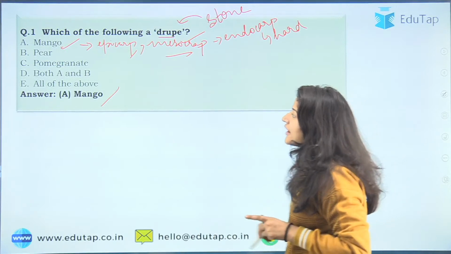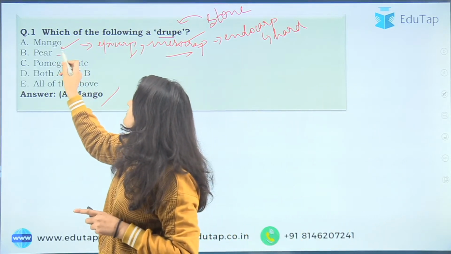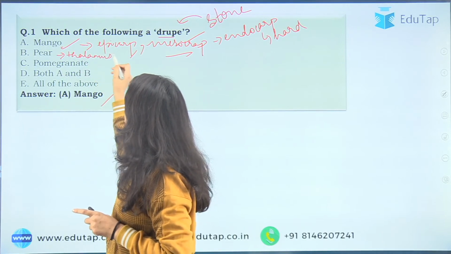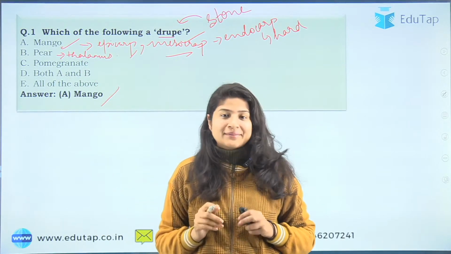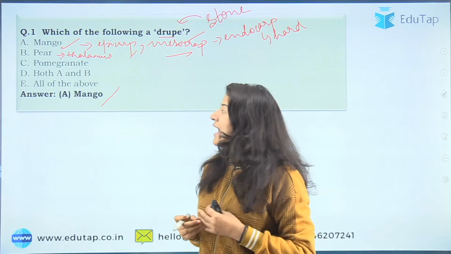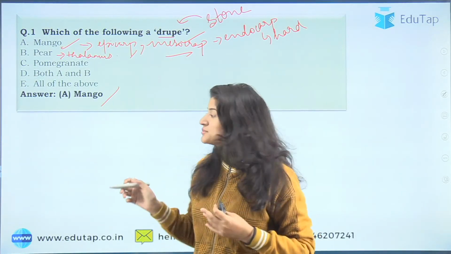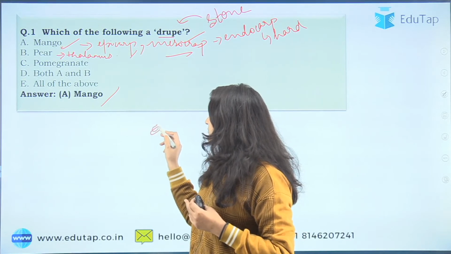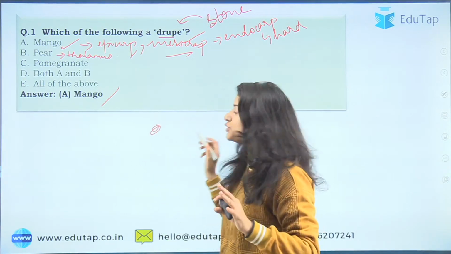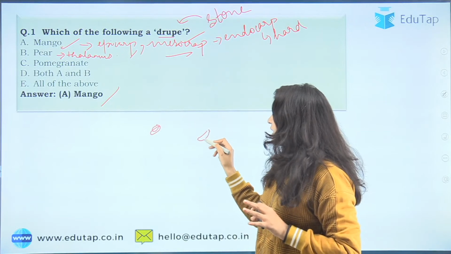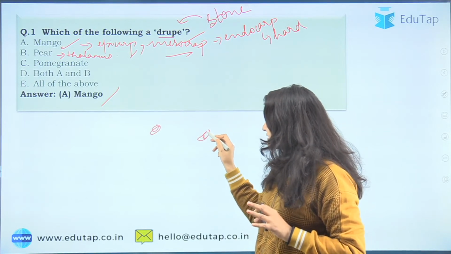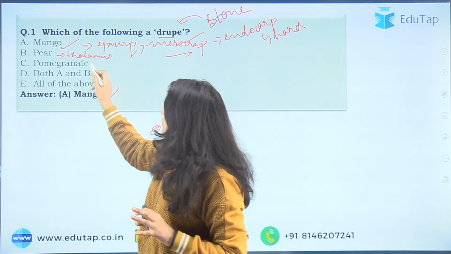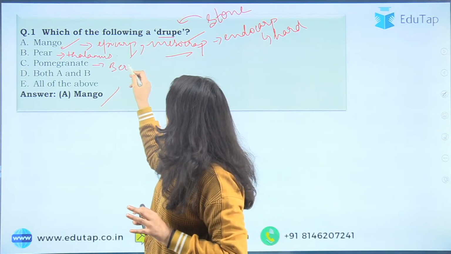Then we have pear. In these categories, the thalamus develops into the fruit. The best thing you can observe is that there is a portion made for keeping the seeds. For example, in an apple you must have seen a core over which the seeds sit, right? Similarly in pears that happens. Then pomegranate is an example of a berry.